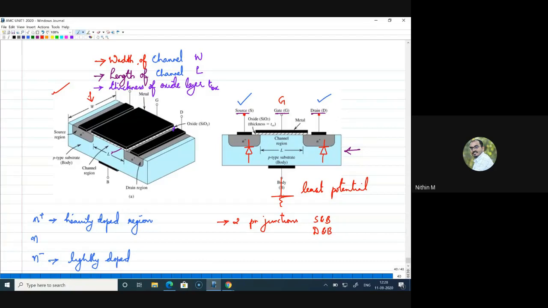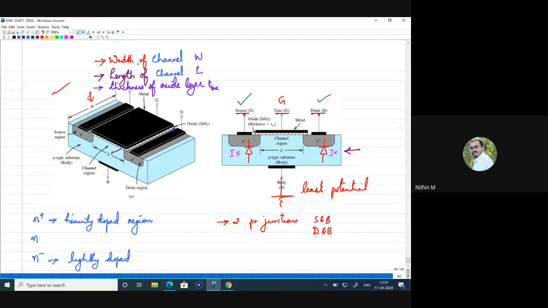So what will happen if body is connected? Why am I specifying body at 0 volt? Yes, Krishna, true. So if your body is connected to the least potential available, then the PN junction between the body and source and body and drain will not be forward biased. If these two junctions are not forward biased, we can say that there will not be any current flowing in these junctions, because those currents are not desired currents.